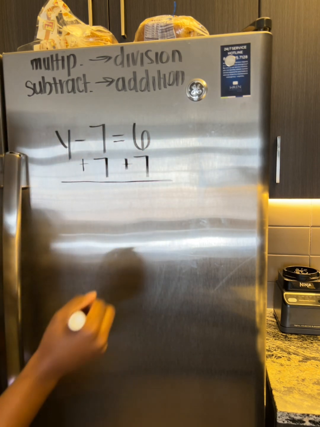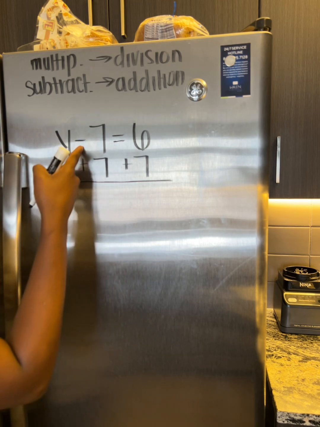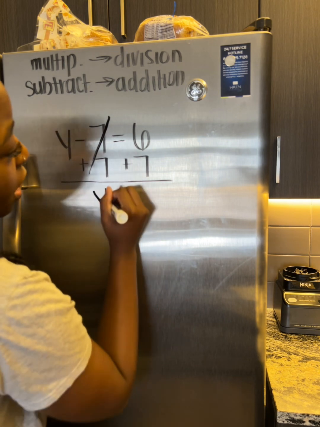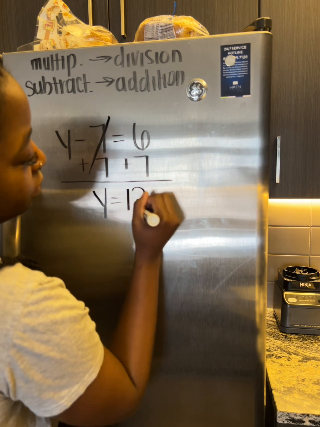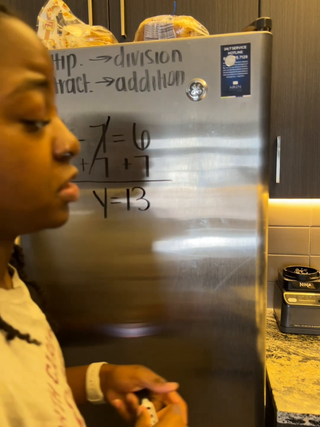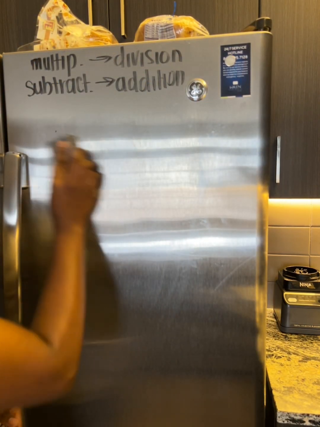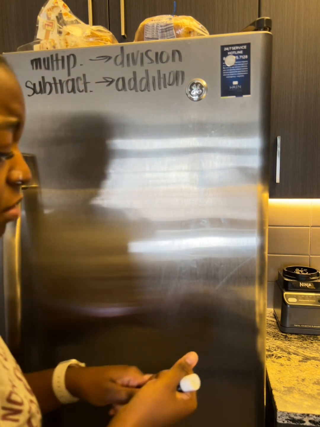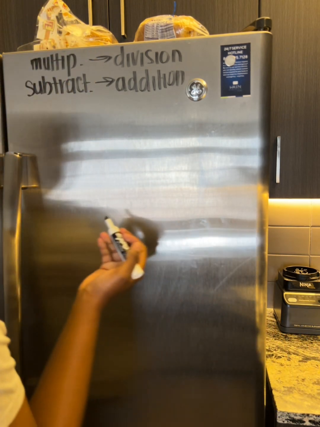And we add it to both sides because this is a -7. If we add 7 to -7, we get 0, meaning that this cancels out. So y equals 13. Bam. 1-step equations are super easy. And honestly, we'll get to it, but multi and 2-step equations are nothing but 1-step equations. You just gotta figure out which operation you're doing first.